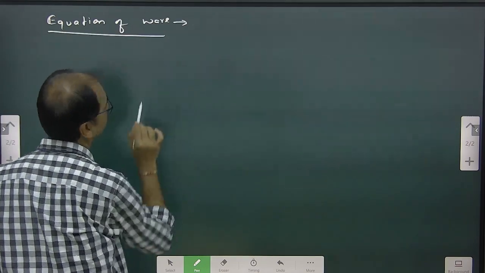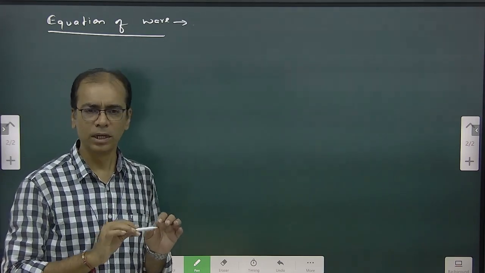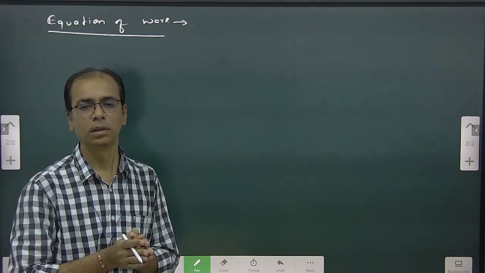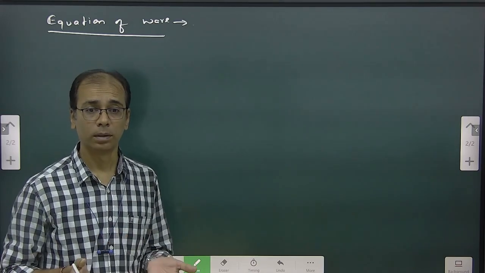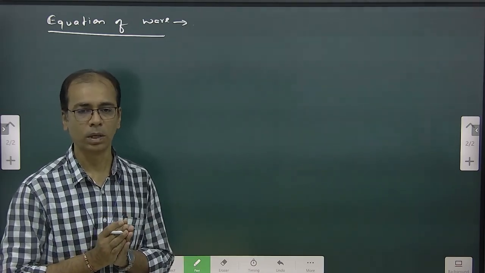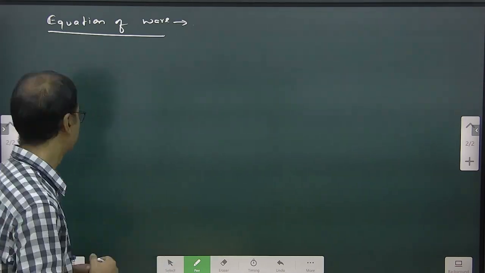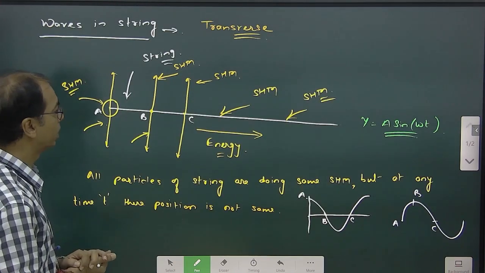An equation basically means a relation which can tell us what kind of path the wave is traveling in, or the relation between the y coordinate and the x coordinate. So here also I want the relation between the y coordinate and the x coordinate, because both are involved.